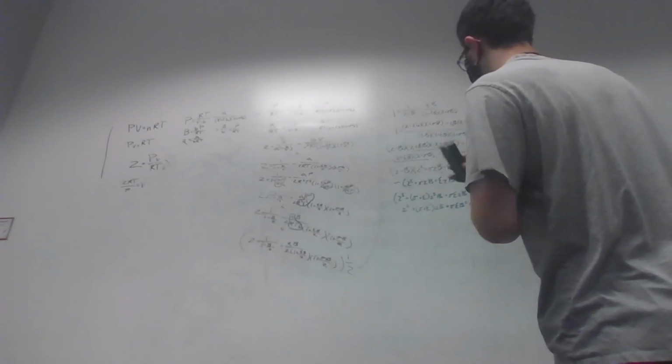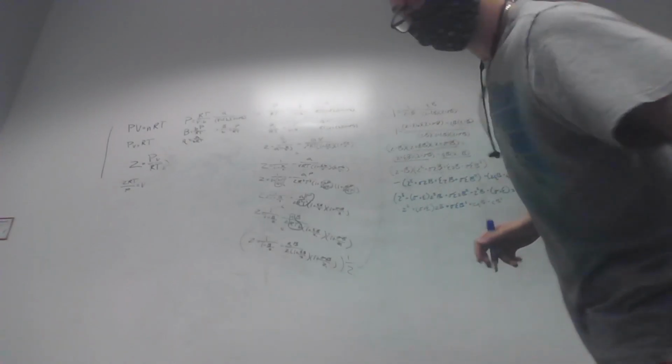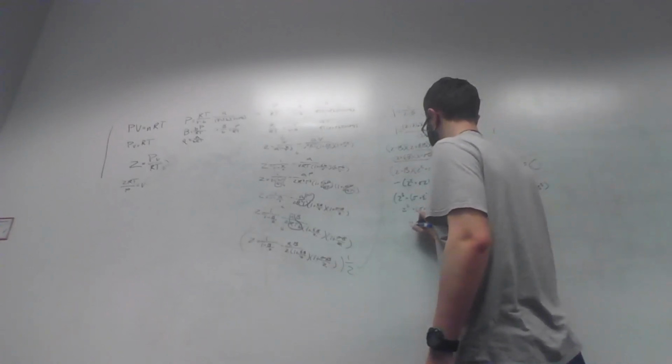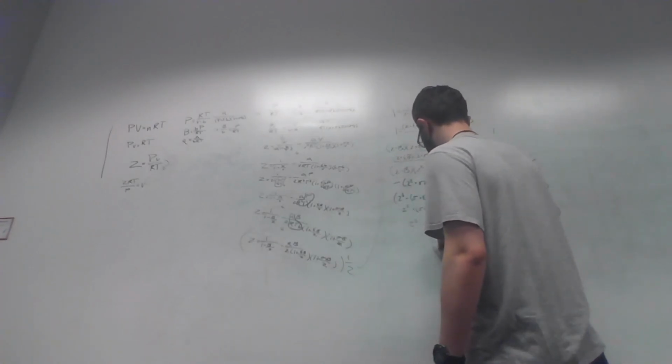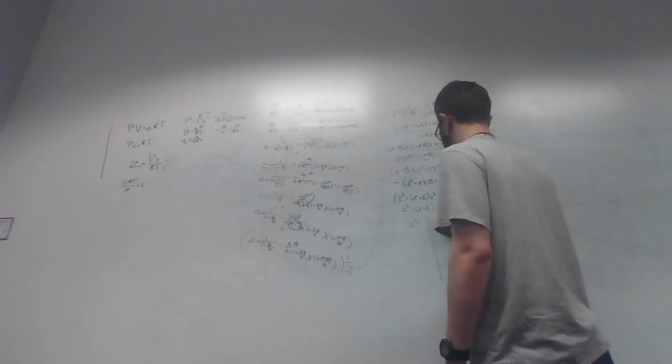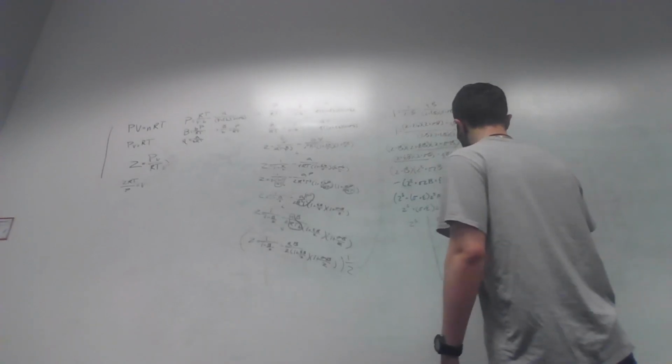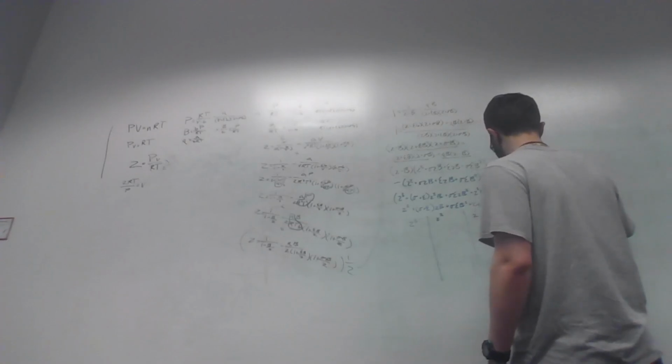So I'll now separate out z cubed, z squared, z, and then just 1.